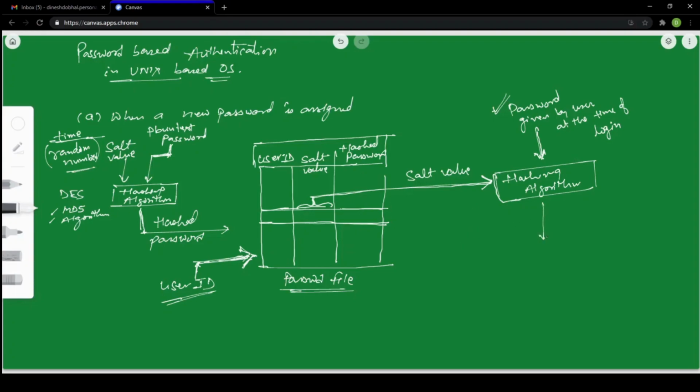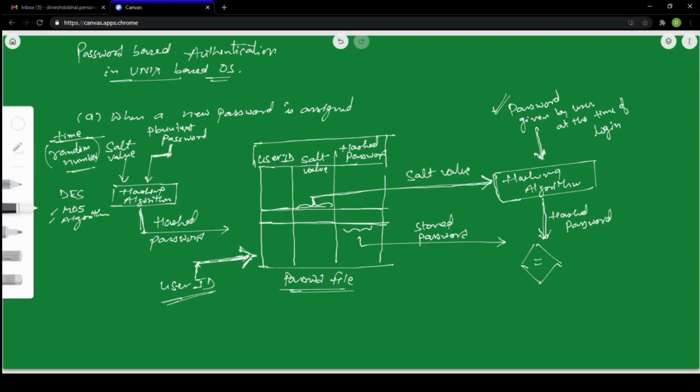As a result, the hashing algorithm will produce the hashed password. Now, this newly produced hashed password is compared with the previously stored hashed password.